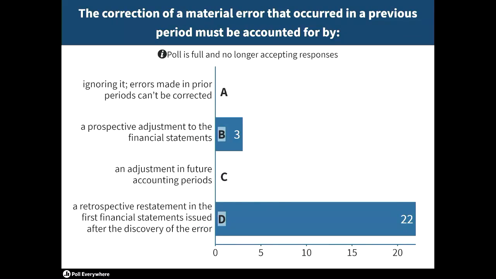If that's material, you can't ignore it, right? It's wrong. B, a prospective adjustment to the financial statements. So we do not change the past. When we say prospective, we mean the future, right? That's B. C, an adjustment in a future accounting period, almost equivalent to the prospective way, right? D, a retrospective restatement in the first financial statements issued after the discovery of the error. So the answer should be D.